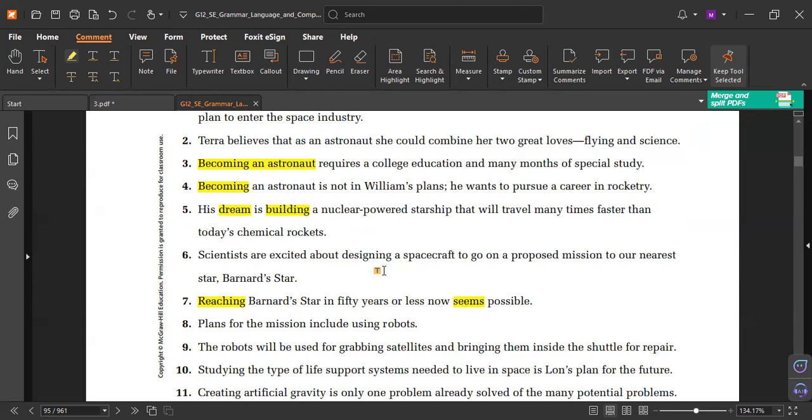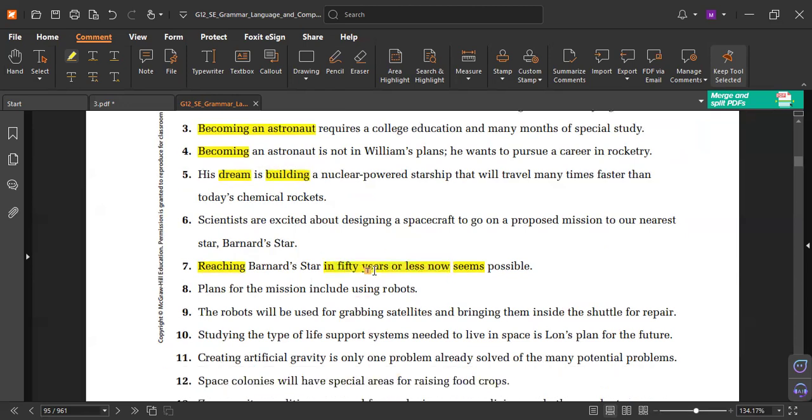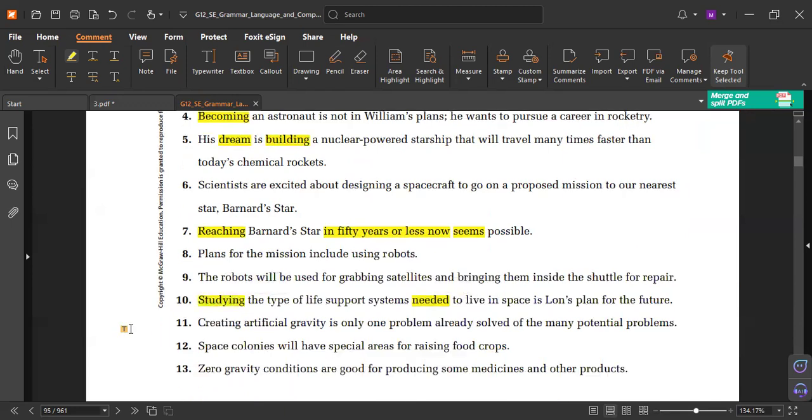The reaching, not the years, because that is a prepositional phrase, as you know. Now again: studying the type of life support systems needed. So what is needed to live? Studying. The only problem is creating artificial gravity. That's it.